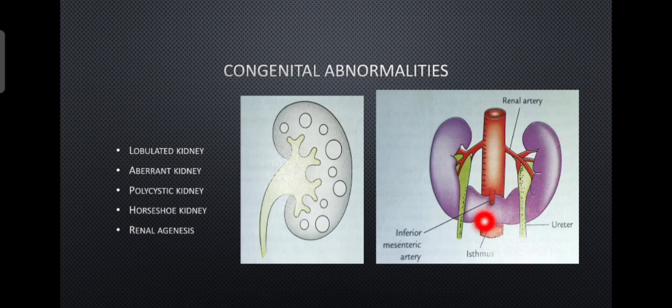When it lies just below the inferior mesenteric artery origin, which is along the L3 vertebra, then during respiration, usually the kidney moves up and down, but the isthmus lying just below this artery prevents it from moving up and down in the abdominal cavity, so the function is altered and the ureters are overstretched.